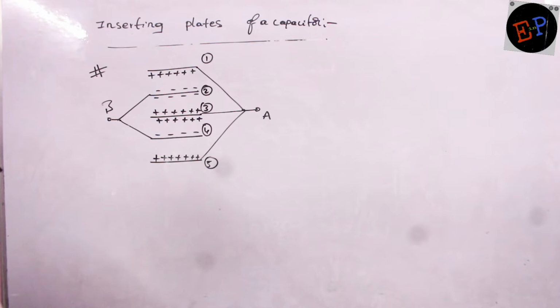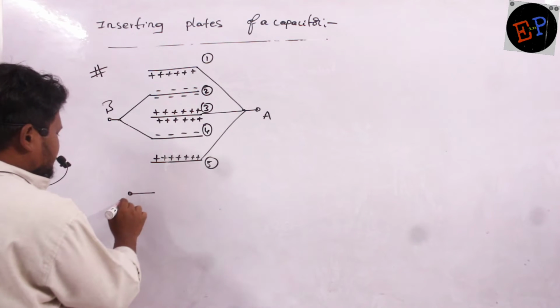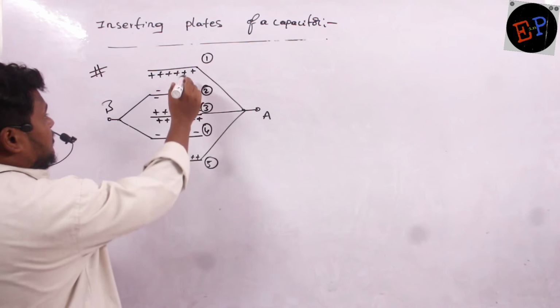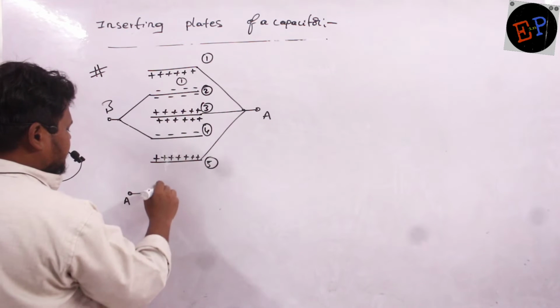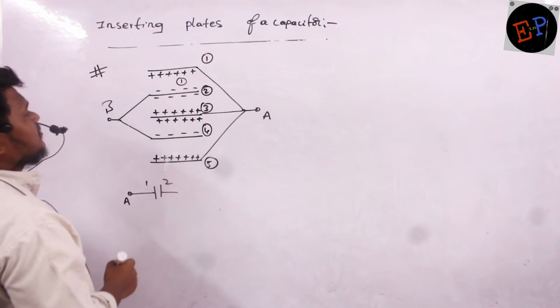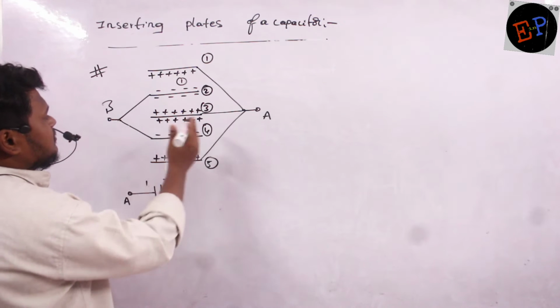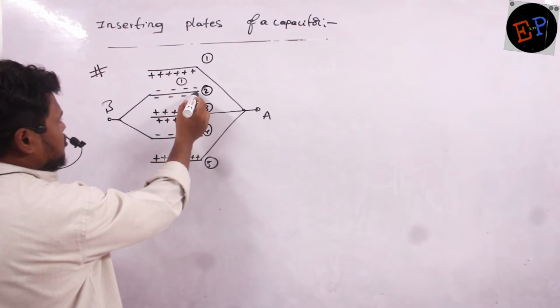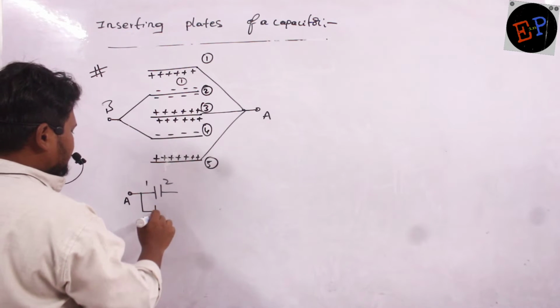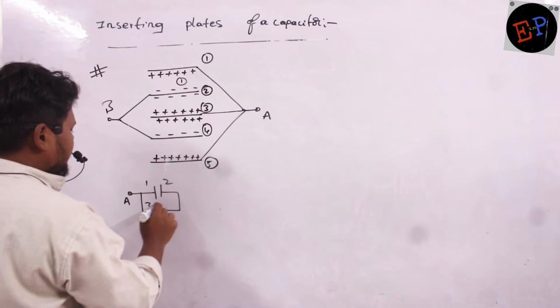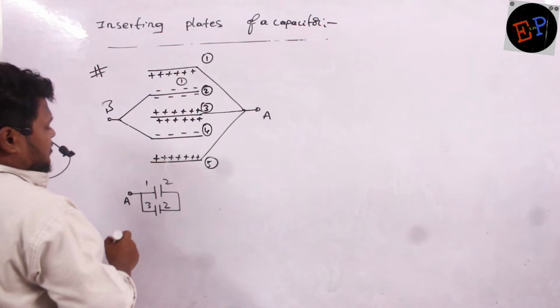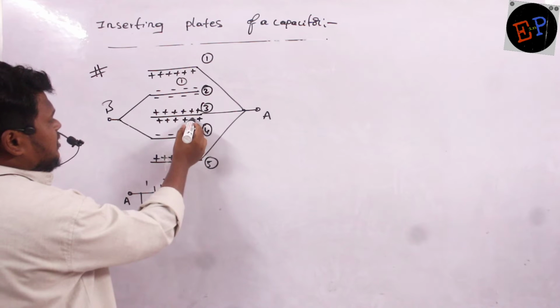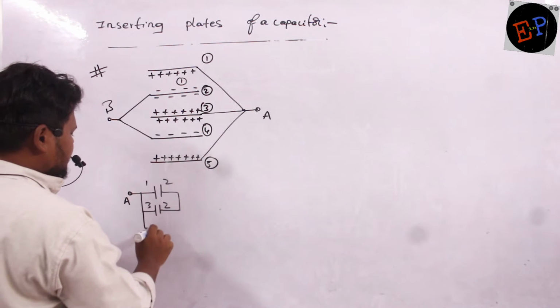Now start from A. So if I start from A, 1 and 2, one capacitor. 3 and 2, one capacitor. Next 3 and 4, one more capacitor.